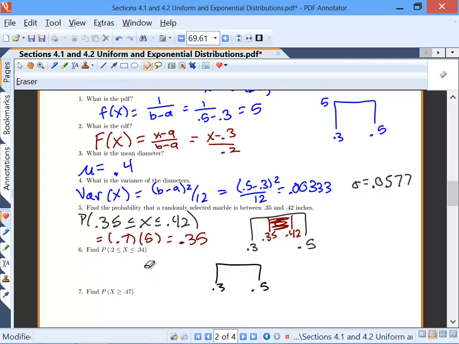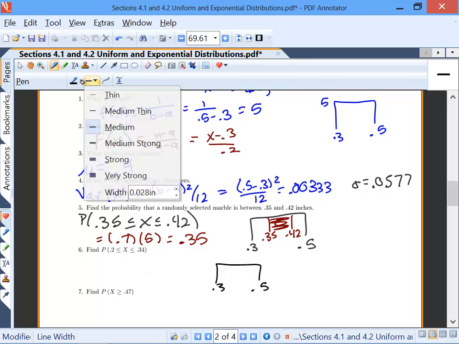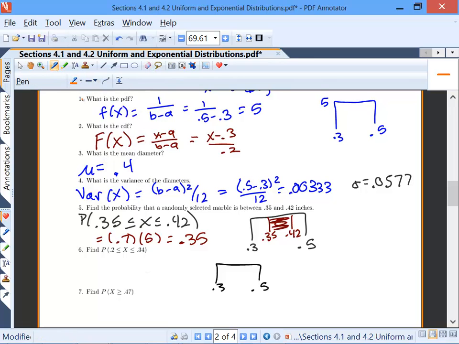For my next one, I'm trying to find the area from 0.2, which would actually be over here, to 0.34. Okay, now when I actually try to shade that, I can shade this area here, but what is the area outside the box? What is the height outside the box? 0. So I'm not going to get any area there, right? So really, where do I start counting my area? At my 0.3.